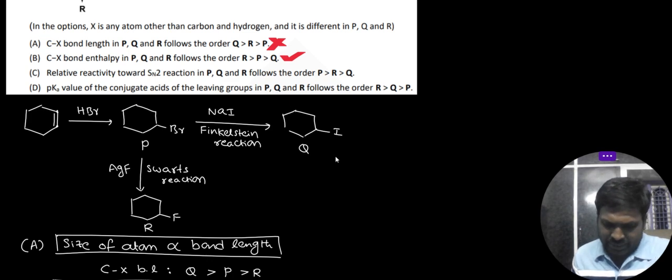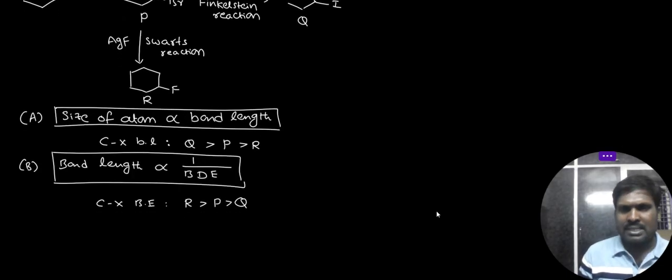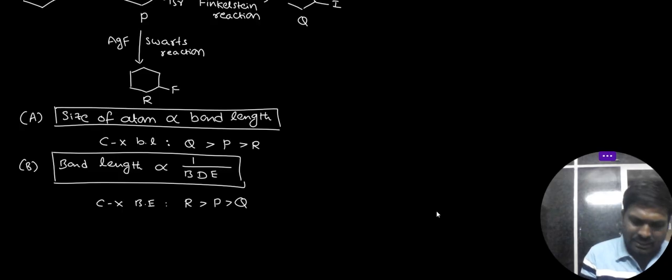Now coming to option C: relative reactivity towards the SN2 reaction in P, Q and R follows the order. If atom size increases, bond length increases, and then leaving group ability increases.